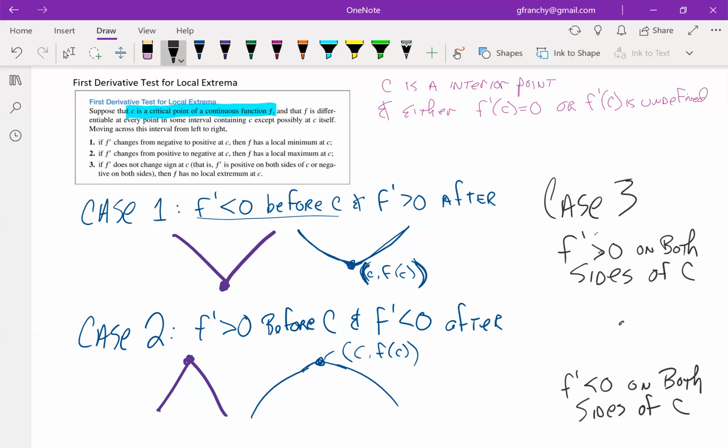So since it's continuous, there's f of C. And if it's increasing before, it comes in as such. If it's increasing after, it has to go out as such. We see something like this.